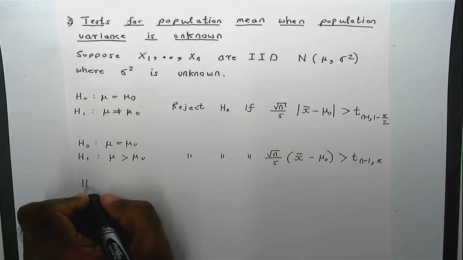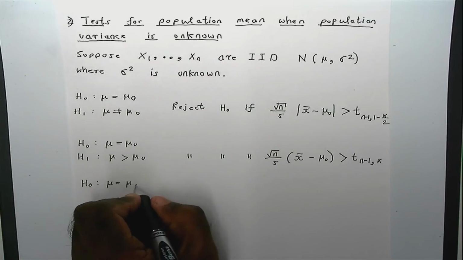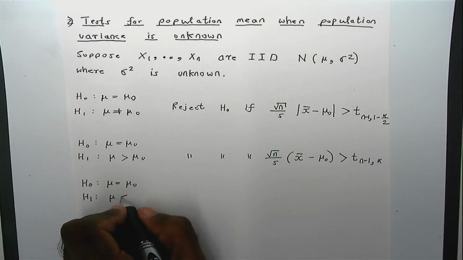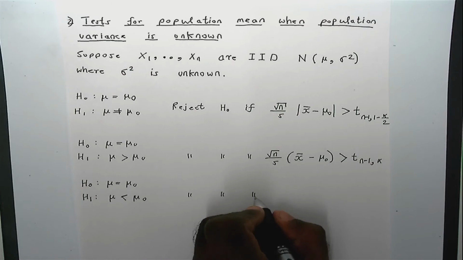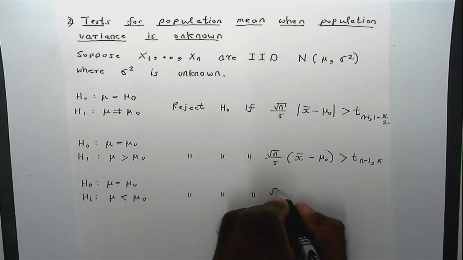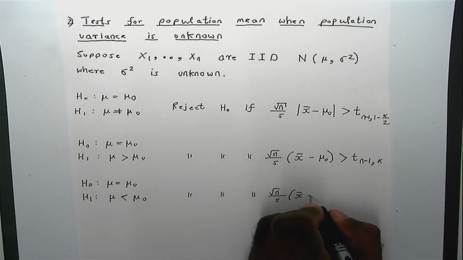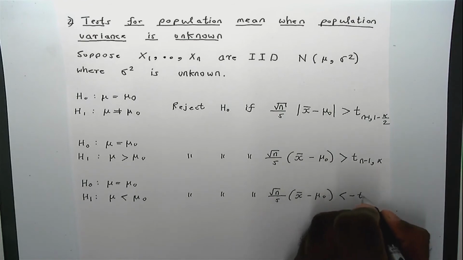And for the third, it should be 1 minus alpha.